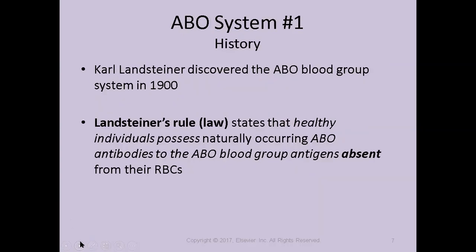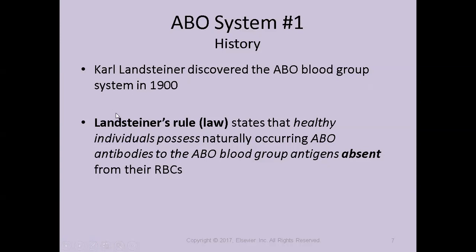Okay, so you all had an introduction to the ABO system in Module 1 through our labs, and so a lot of this stuff is going to be information you've previously heard. So with the history, you all know Carl Landsteiner was a scientist who discovered the ABO blood group system in 1900.